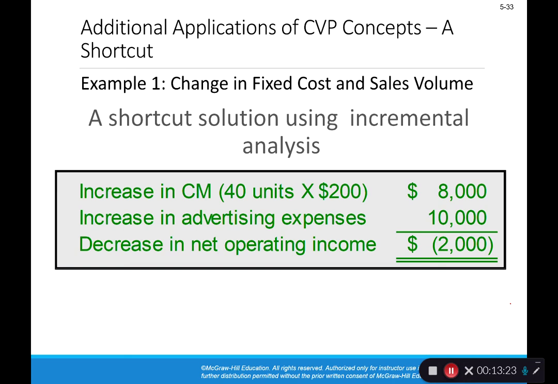So in order for this to make sense, this advertising campaign would at least have to increase our CM by 10 grand. So we'd have to go up by 50 units, I think, because 10,000 is how much my CM would have to go up, divided by the 200 CM per unit means we'd have to go up by at least 50 units to make the advertising campaign feasible.